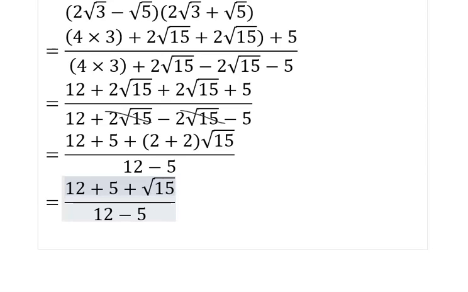By implication, here we have 4 root 15, and 12 plus 5 will give us what? 17. So we have 17 plus 4 root 15. Then 12 minus 5 down here will give us what? 7. Beautiful. So this is our final answer.